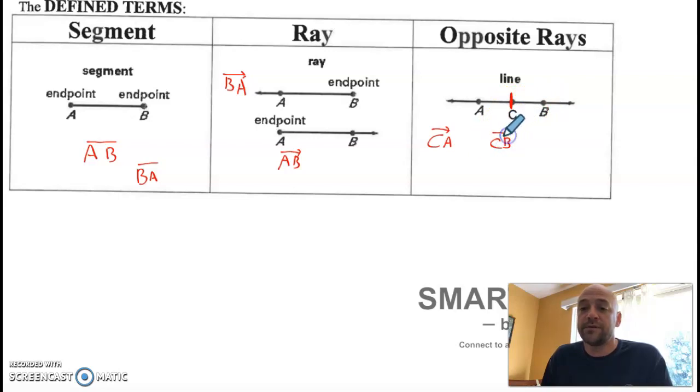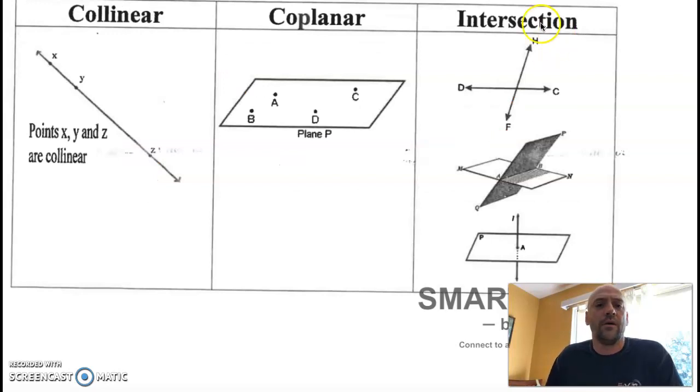These two rays are called opposite rays. They start at the same point, but they go in opposite directions on the same line. All right, that's just a name. We don't do too much with it, but it's still something that defines some other things later on in the year.